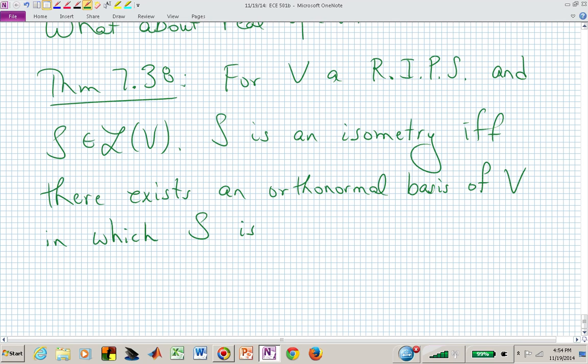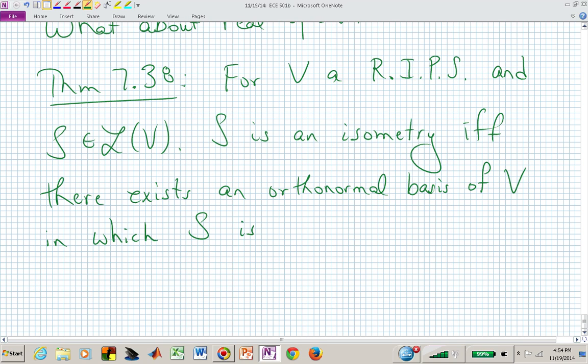In a complex inner product space, those blocks were all 1 by 1 on the diagonal. But now, with a real inner product space, we can have rotations that do not have real eigenvalues, and that restricted these sub-blocks on this block diagonal to being, at best, as small as 2 by 2. Some can be 1 by 1.